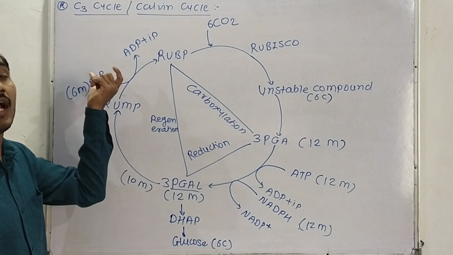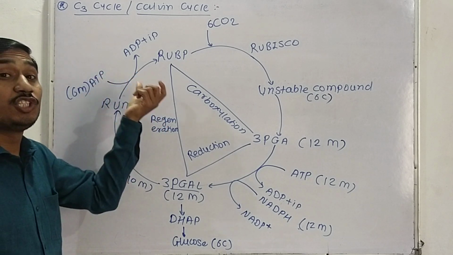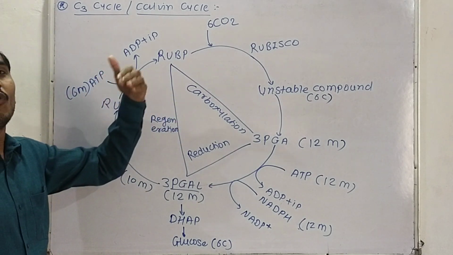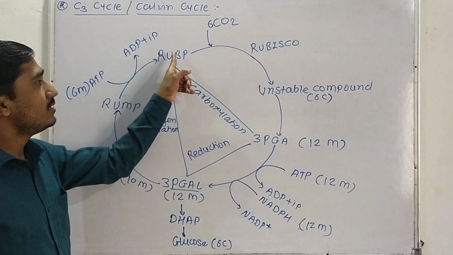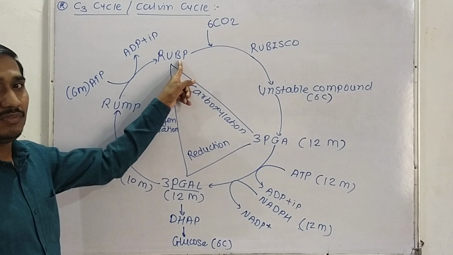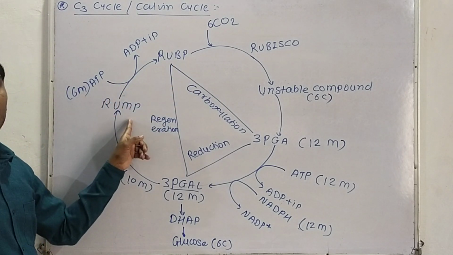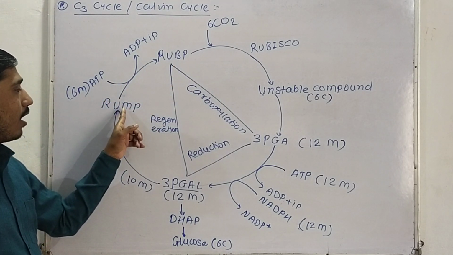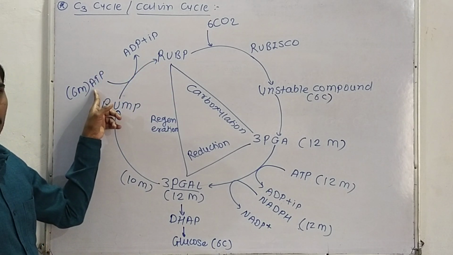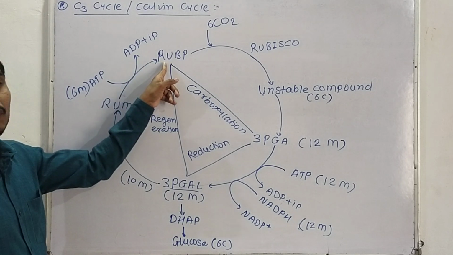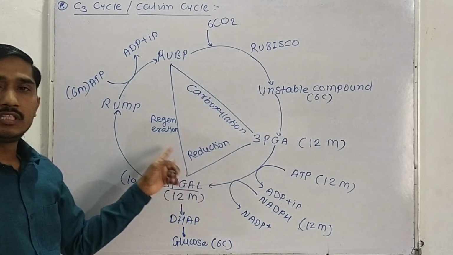Because at which step will the plant use more ATPs? That step is when RuMP is converted into RuBP. That's why, in the regeneration step, RuMP to RuBP, there is a utilization of 6 ATP molecules. And RuBP will regenerate and the cycle will continuously go on.